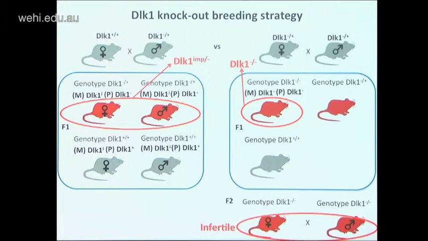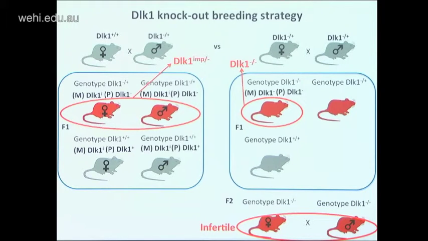So it has one knockout allele, and when you get the offspring from this mating, if the offspring has a knockout allele by genotyping, you know that it came from the father, not from the mother, because the mother is a wild type. Because it's an imprinted gene, the maternal copy is silenced, and the knockout paternal allele is the only one that's expressed. So the imprinted knockout genotype should give you a homozygous knockout phenotype.